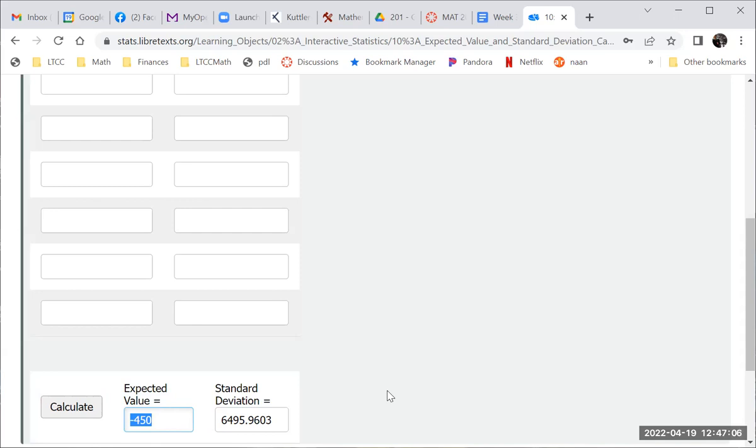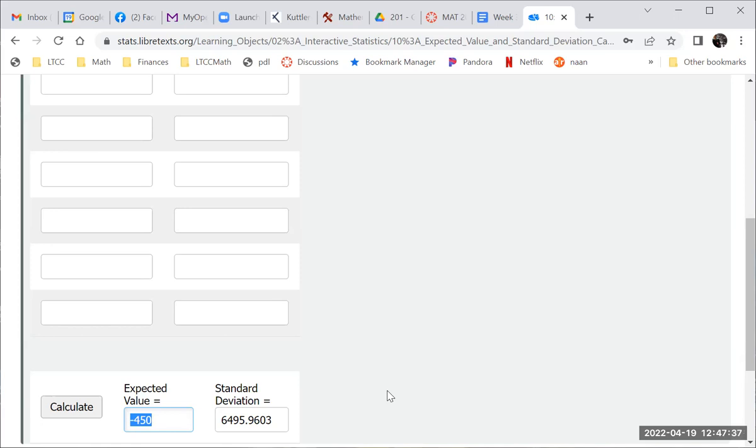So you would say that if many people purchase this life insurance, then it's likely, or very likely if you want, that the average profit per policy will be close to negative $450 per person.